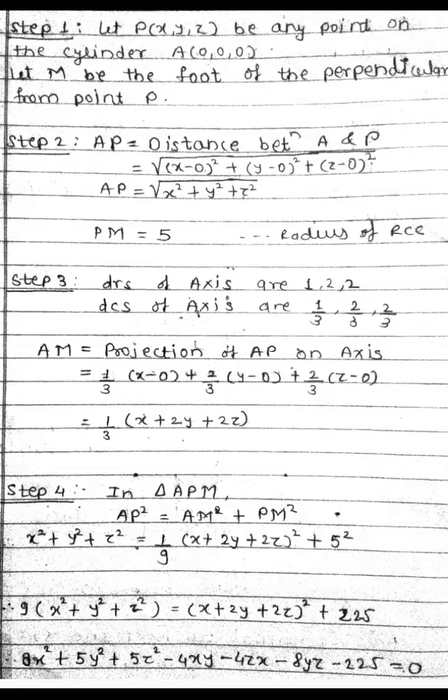The projection is the product of the direction cosines with these direction ratios, so we obtain 1 by 3 into (x plus 2y plus 2z).